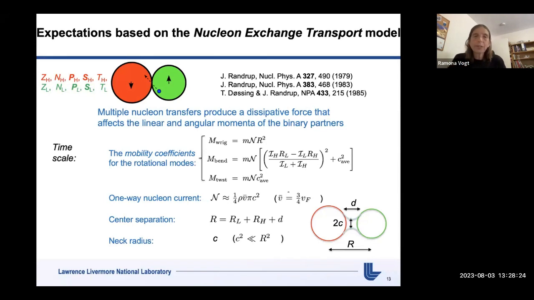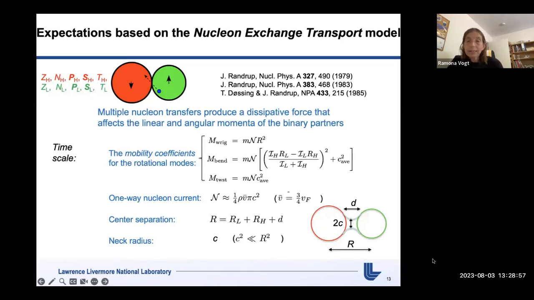And there are different time scales that depend on what are called mobility coefficients for these wriggling, bending, and twisting modes. The tilting mode is actually 0 for spontaneous fission. And there's a nucleon current. There's the separation between the two centers, which is the radius of each of the two fragments, assuming that they're basically spherical, even though it's not quite true.